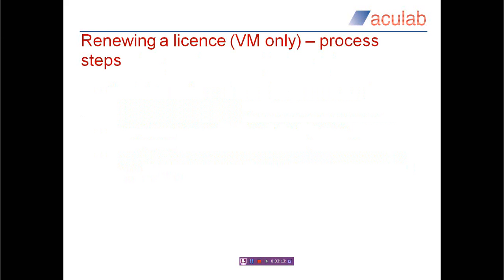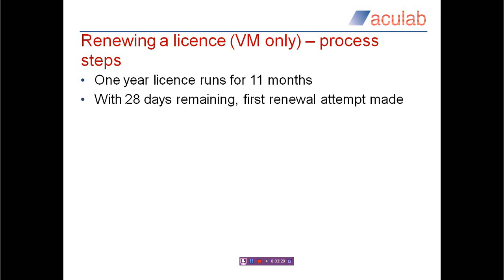So what I'll now do is briefly go through the actual process steps. As I said, on a virtual machine, you would install your license, and for 11 months it will run. When you get to 28 days left on the license, the first renewal attempt is made from the server back to Acculab's licensing service.